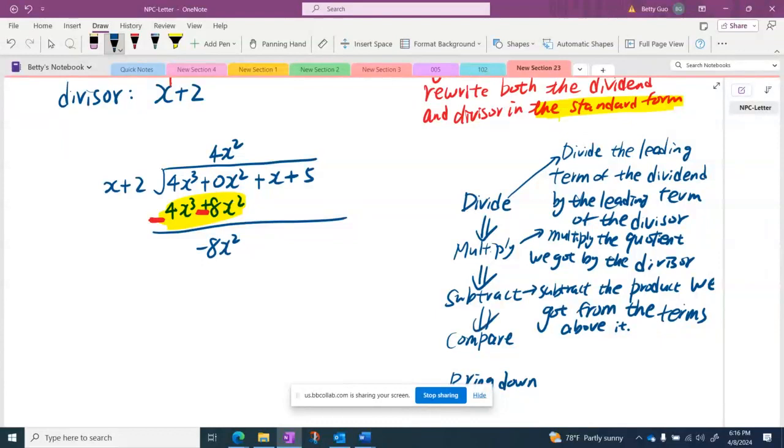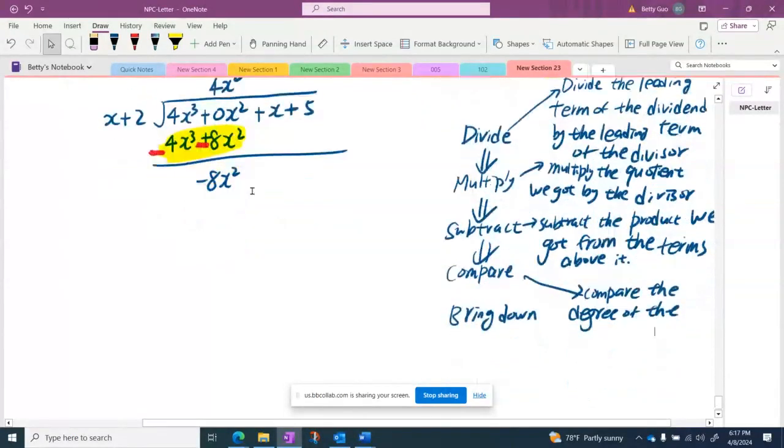And then we're going to compare. Compare what? Compare the degree of the remainder. What is the remainder? The remainder is the negative 8x squared. Compare that with the degree of the divisor.